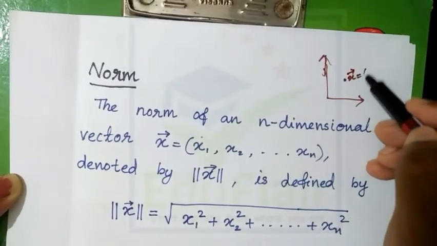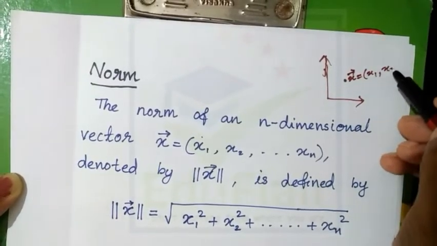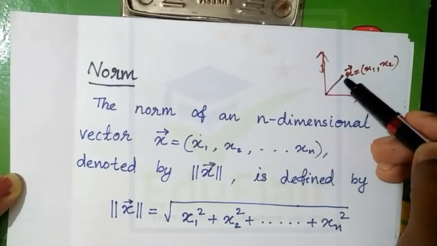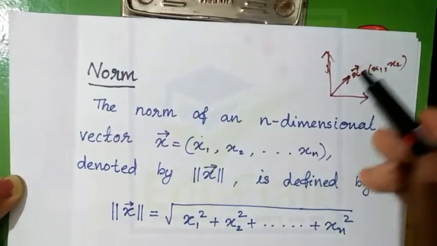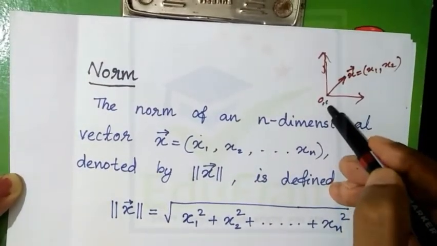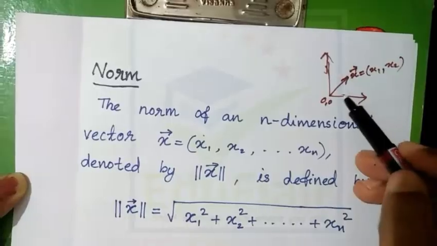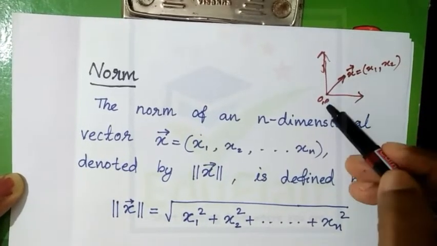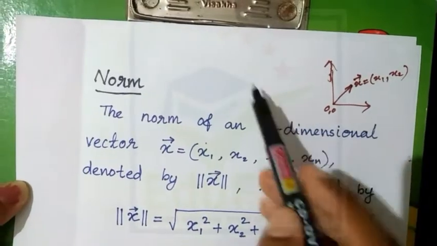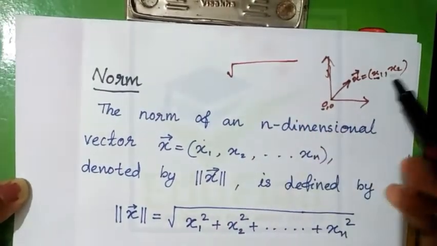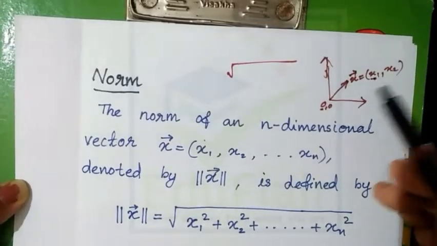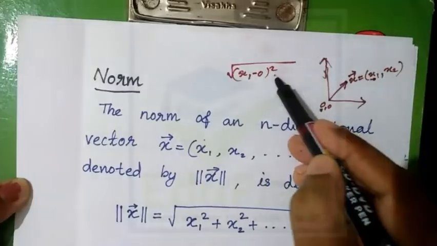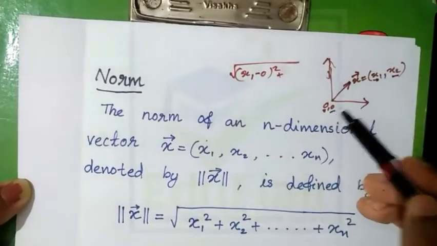Vector x has components, say x1, x2. ഈ വെക്ടറിനെ നമ്മൾ റെപ്രസെന്റ് ചെയ്യുന്നത് എപ്പോഴും ഒറിജിനിൽ നിന്നുള്ള ഡയറക്ഷൻ അനുസരിച്ചാണ്. സോ ദിസ് ഈസ് വെക്ടർ x. സോ ഒറിജിൻ എന്താണ്? 0, 0. സോ നൗ വി ആർ ഗോയിങ് ടു ഫൈൻഡ് ദ ഡിസ്റ്റൻസ് ഓഫ് ദിസ് വെക്ടർ ഫ്രം ദ ഒറിജിൻ. സോ വാട്ട് ഇസ് ദ ഡിസ്റ്റൻസ്? ദ ഹോൾ റൂട്ട് ഓഫ് x1 minus 0 the whole square plus x2 minus 0 the whole square.